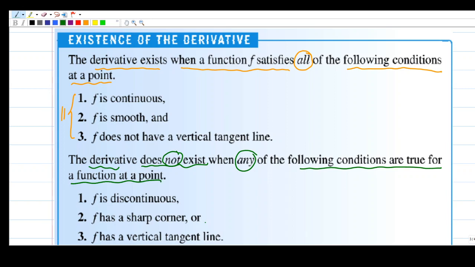So one, f is discontinuous, right? So you need to know what's meant by discontinuous. That comes from the previous lecture. Number two, f has a sharp corner. Three, f has a vertical tangent line.